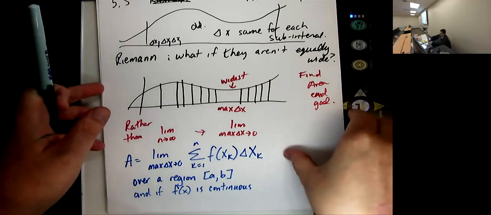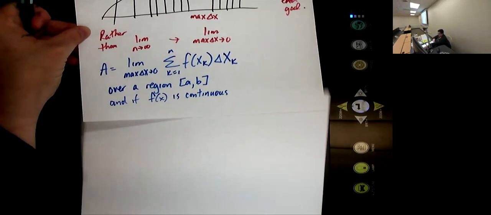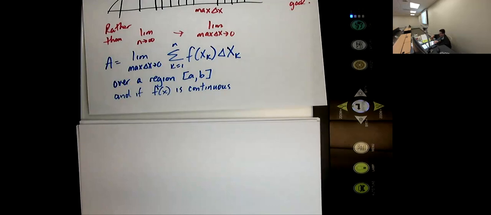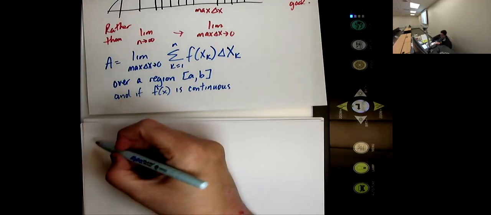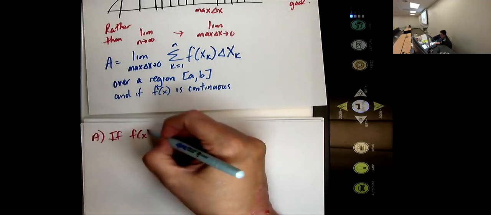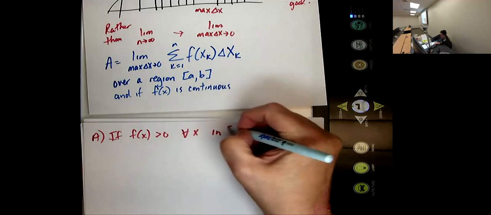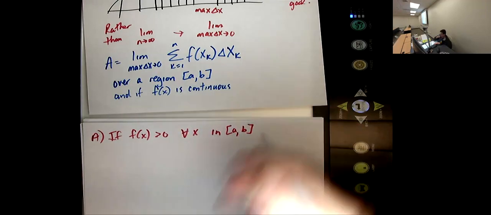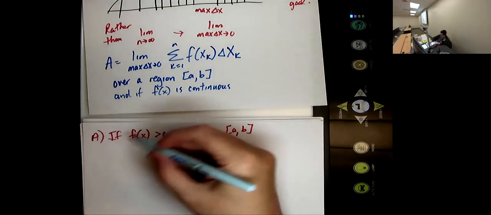we're going to write this in two parts here. There's two theorems that go with this. They're completely related, but there's a big difference. If f of x is greater than 0 for all x in AB, then this is the area.